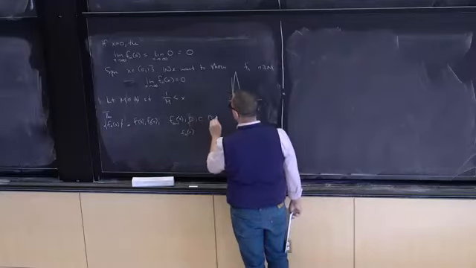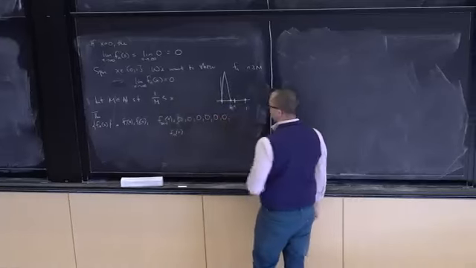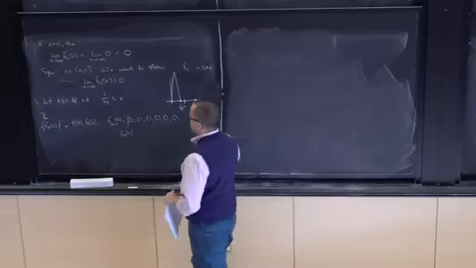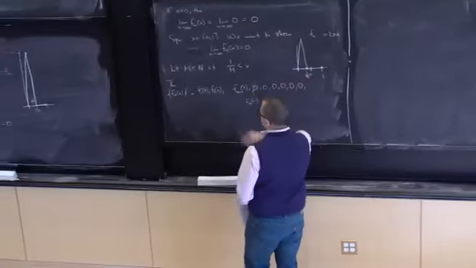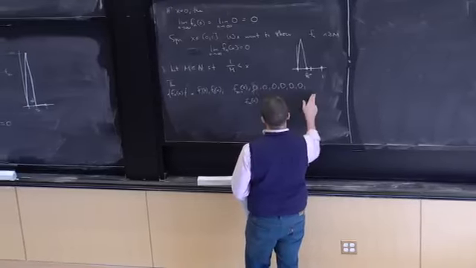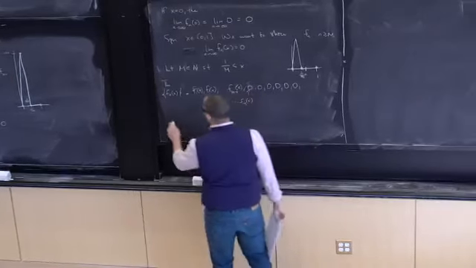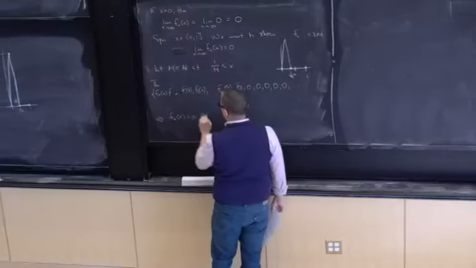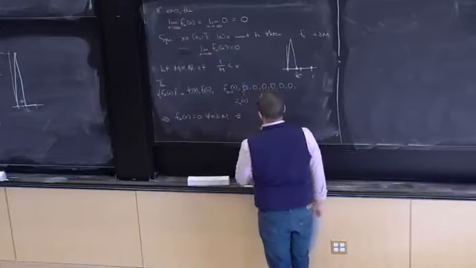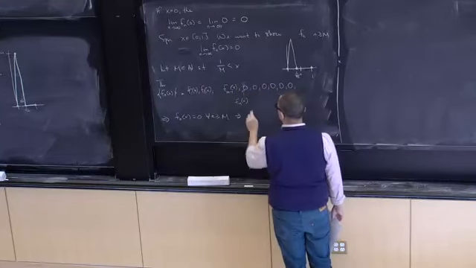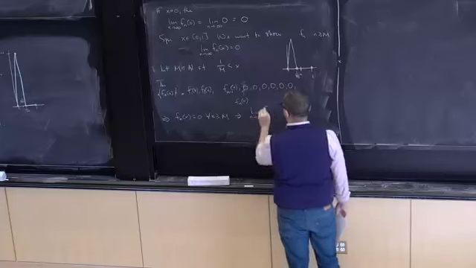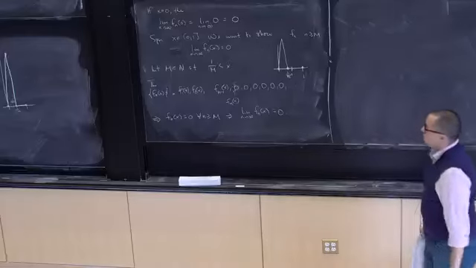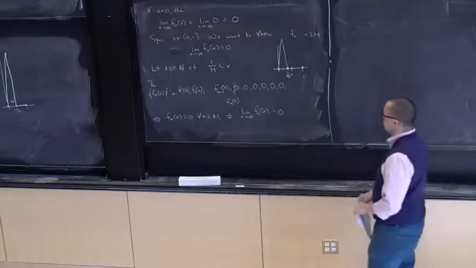So this is 0, 0, 0, 0, and so on. So the sequence is eventually 0 for all n bigger than or equal to capital M, and therefore the limit, I mean, it's pretty easy to take a limit of a constant sequence, which proves that this sequence of functions converges pointwise to 0.